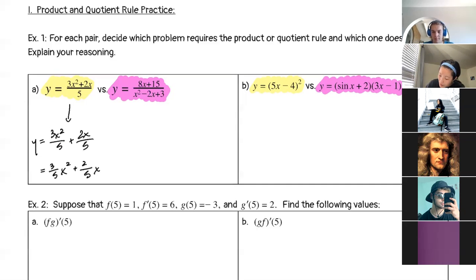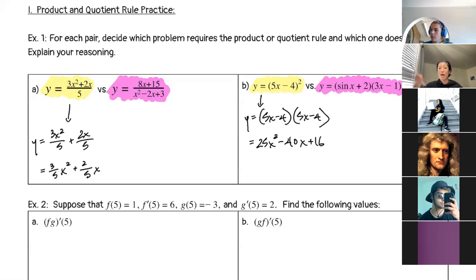Yeah, so if we were to simplify this yellow one, we might write it like this as a good first step, and then we could simplify it more. And then we could just use power rule for each term, okay? Now, I would say that for the pink one, yeah, we could use product rule here.